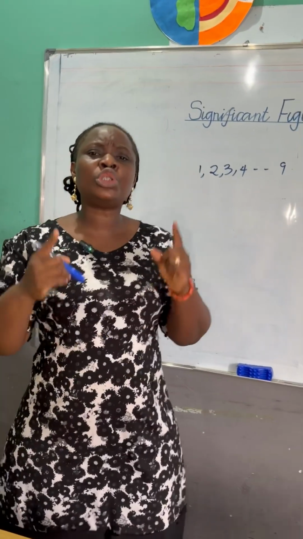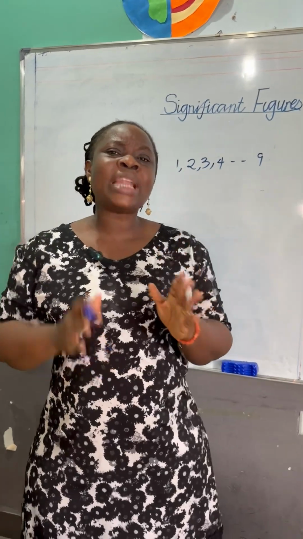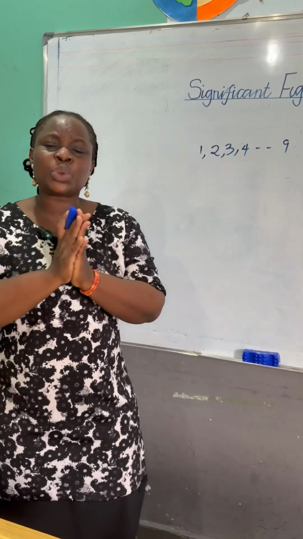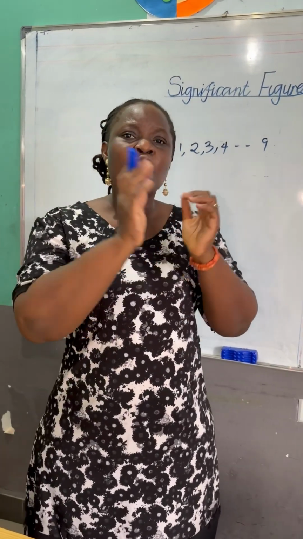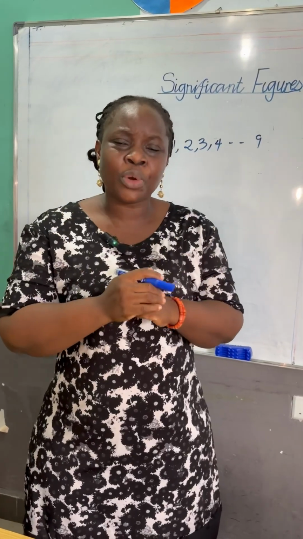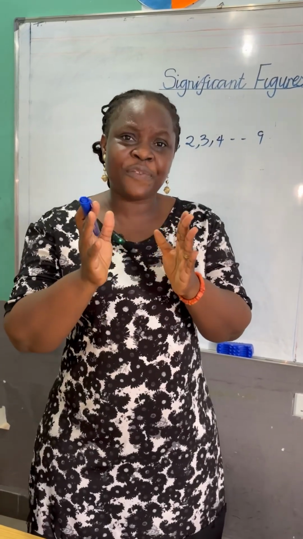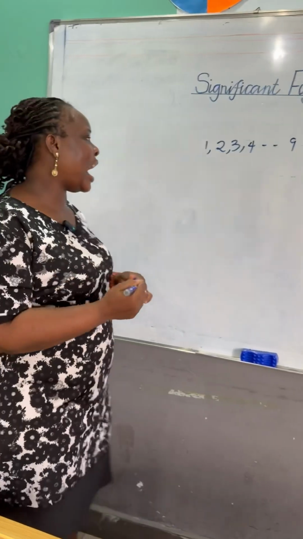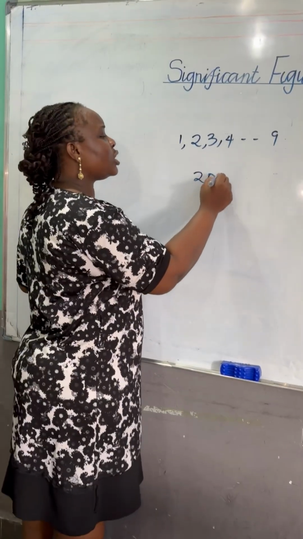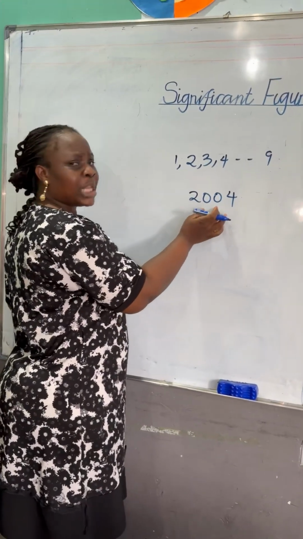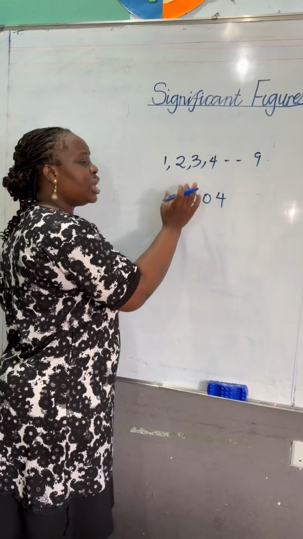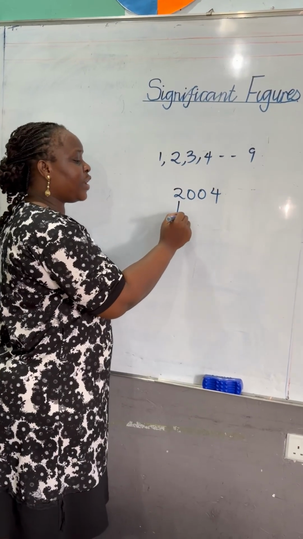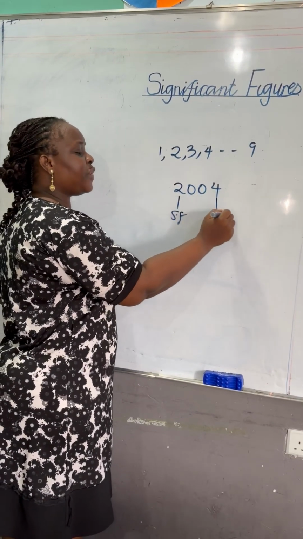Then, rule number two says when zero comes in between significant numbers, that zero is also significant. So, if I have 2004, because this zero comes in between these two significant figures, this zero is also a significant figure.